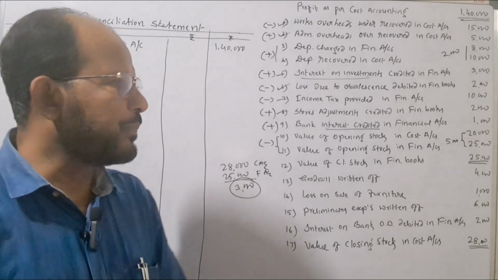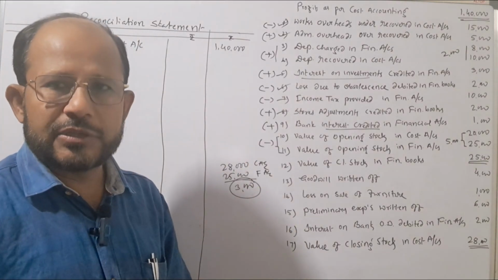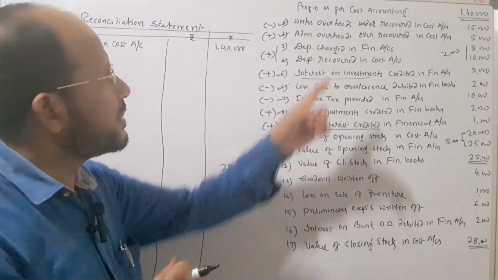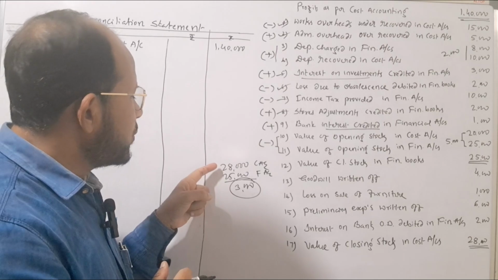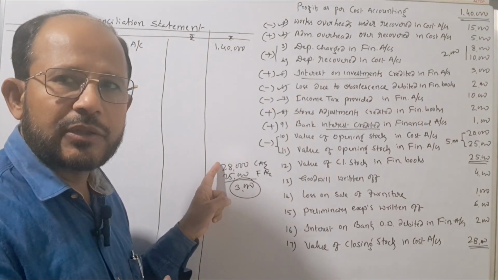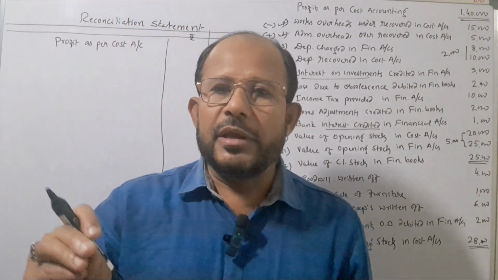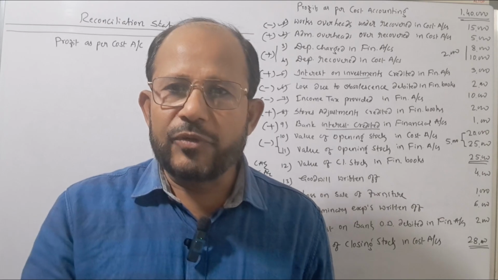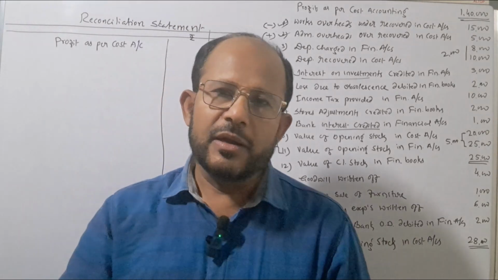Now we have to see the cost accounting closing stock, because here we have taken the cost accounting profit. Closing stock as per cost accounting is 28,000. If more closing stock is shown, then profit will increase. If less closing stock is shown, profit will decrease.